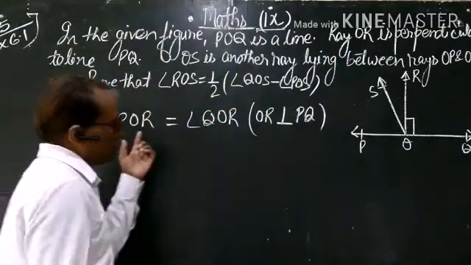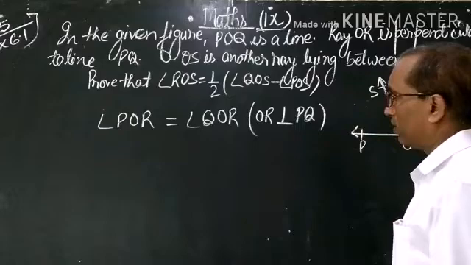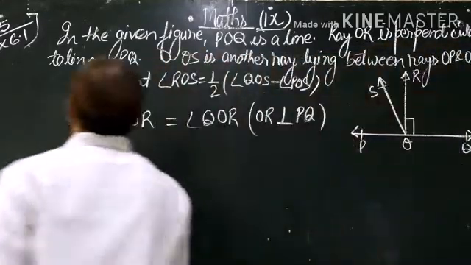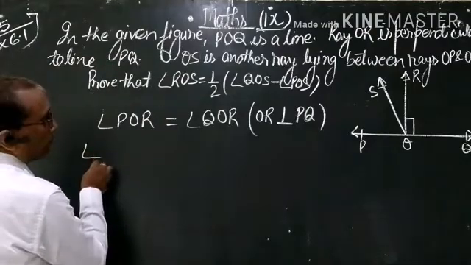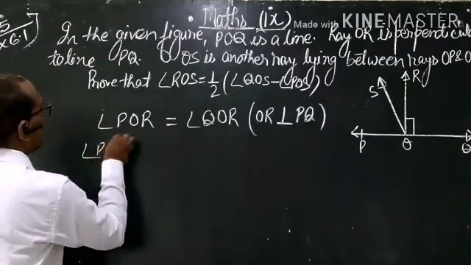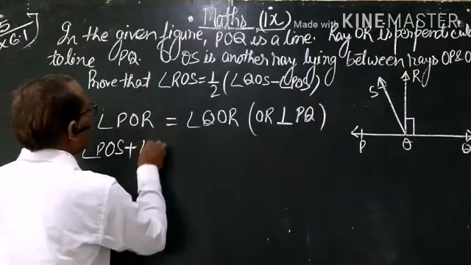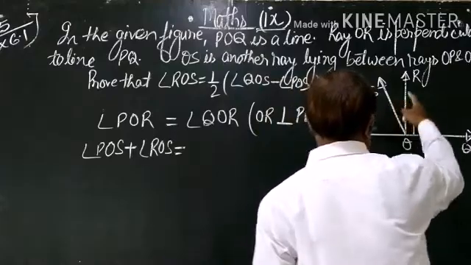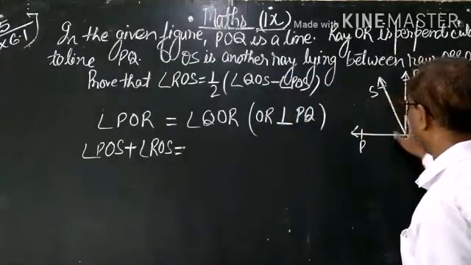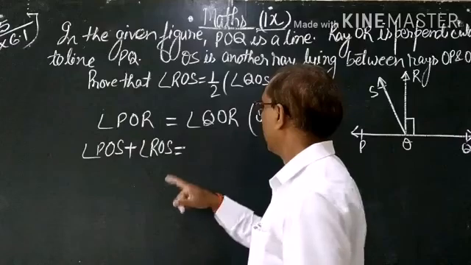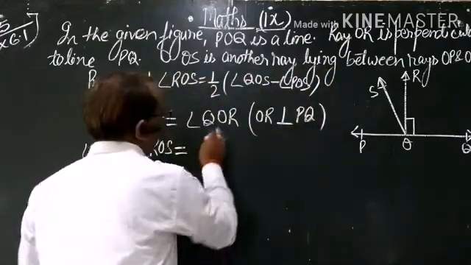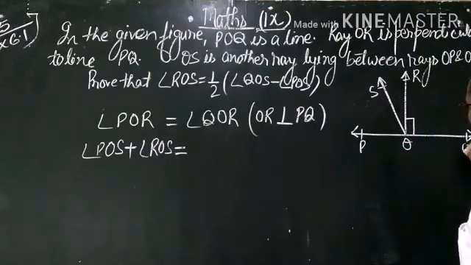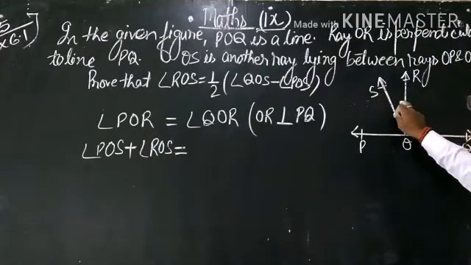Then you write angle POR in the terms of POS and ROS. Angle POS plus angle ROS makes angle POR, is equal to angle QOR. You also write angle QOR as angle QOS minus angle ROS.